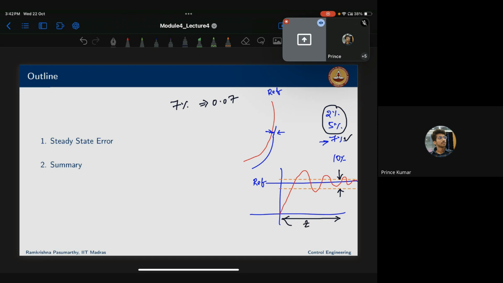That is nothing but the settling time, until you reach the point where this gap is 7%. Simple thing. So it means that your y of ts should be equal to 0.07. Is this clear?